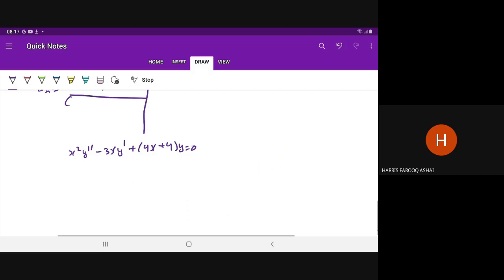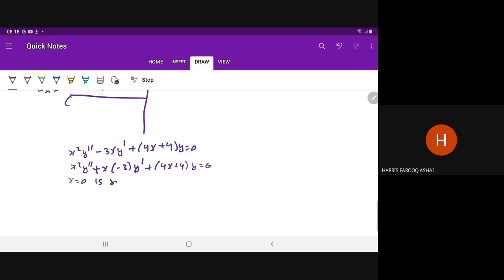If we write it in the standard form, it can be written as x squared y double dash plus (x minus 3) y dash plus (4x plus 4) y equal to 0. You can see here x equal to 0 is a regular singular point. I am not going into the detail of that.